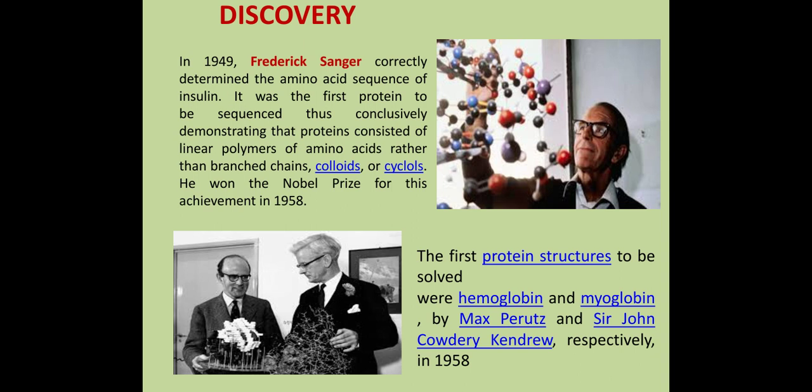For this discovery, Sanger won the Nobel Prize in 1958. In 1958 also, the first protein structures to be solved were hemoglobin and myoglobin by Max Perutz and John Kendrew.